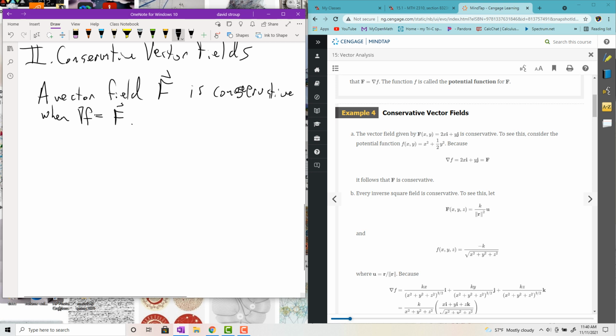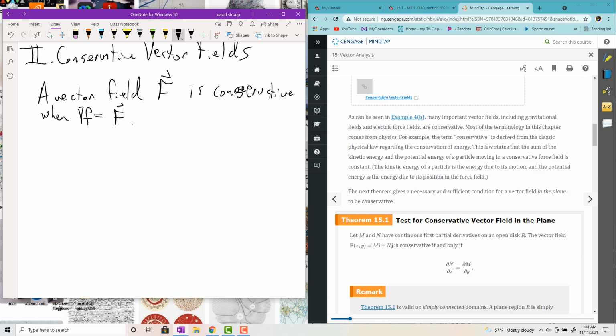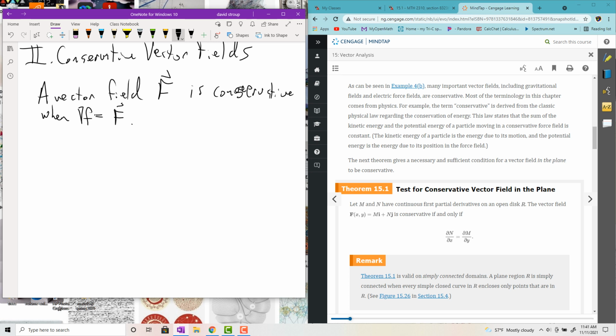So you're going to have to be able to find these things eventually. Like I said, if you're just given the vector field, you can do this test to see if it's conservative.